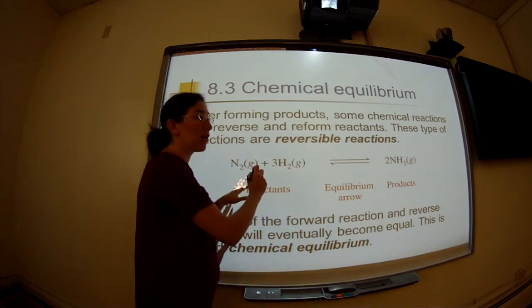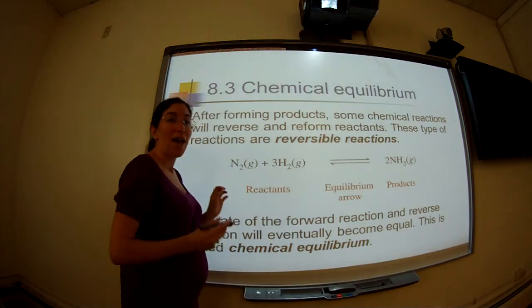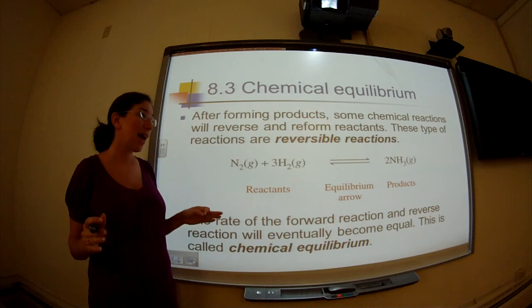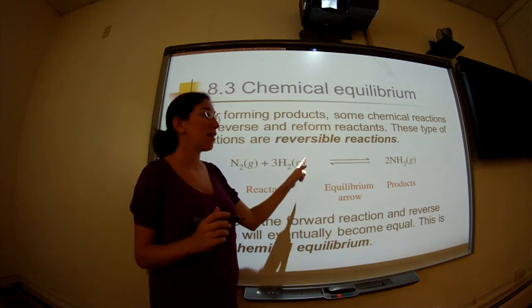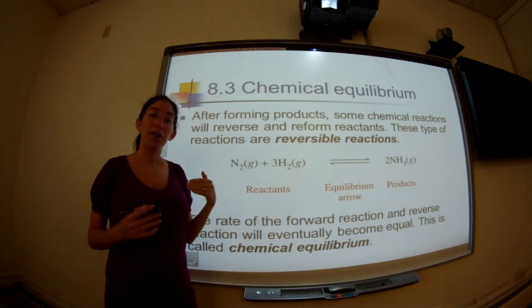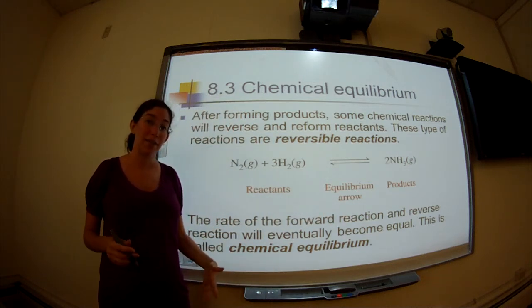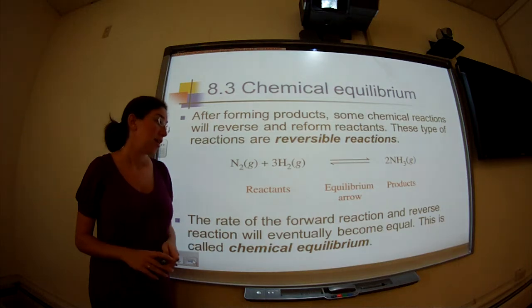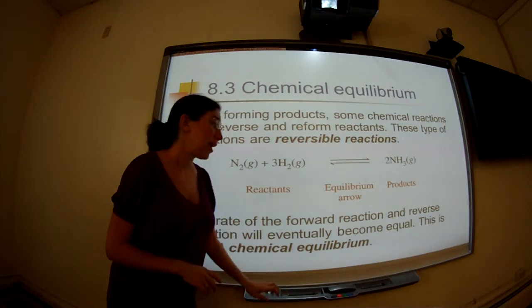So the reaction is going both ways. At equilibrium, the forward reaction and the reverse reaction are occurring at the same rate, okay? This is important. They're occurring at the same rate.